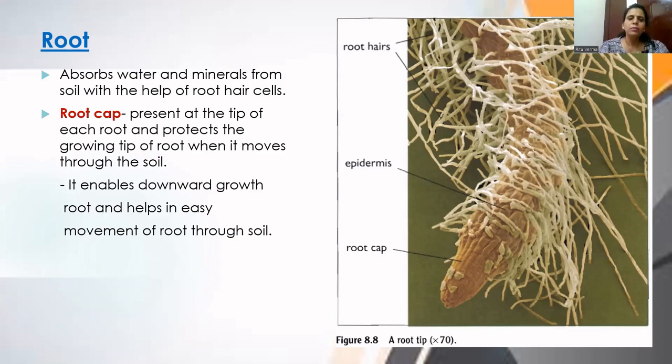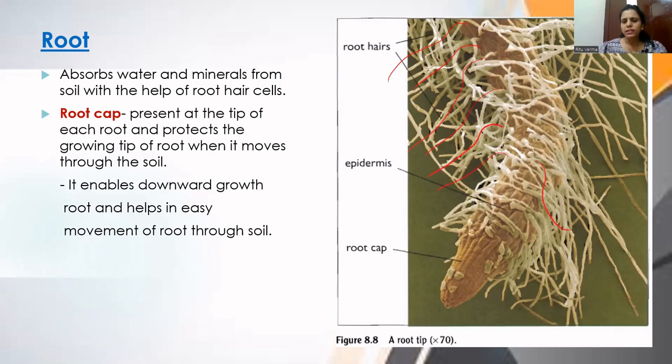Now how is the root able to perform this function? When we talk about the external structure of the root, as you can see here in the picture, this root has minute hair-like structures. Remember, all these root hairs are microscopic.